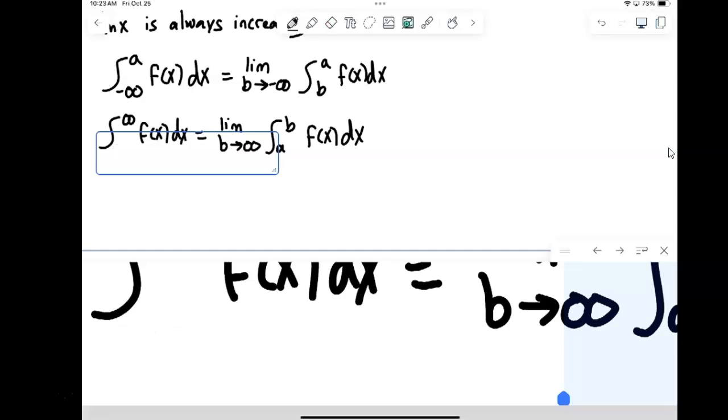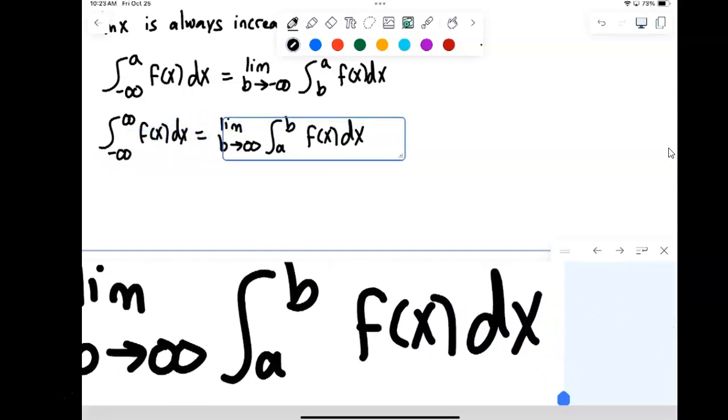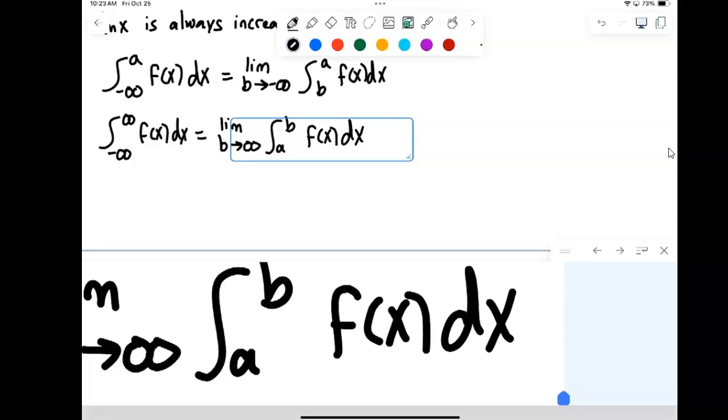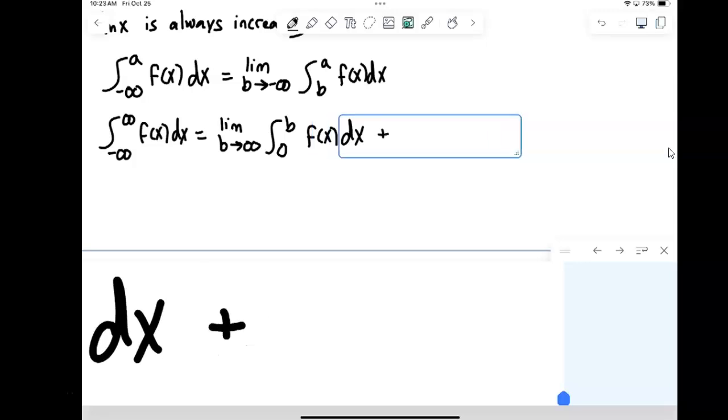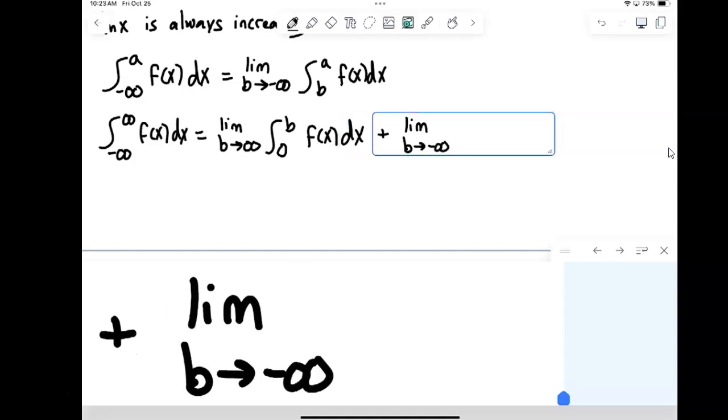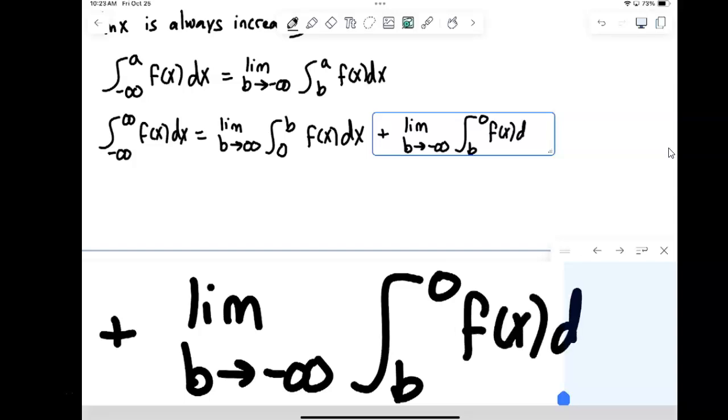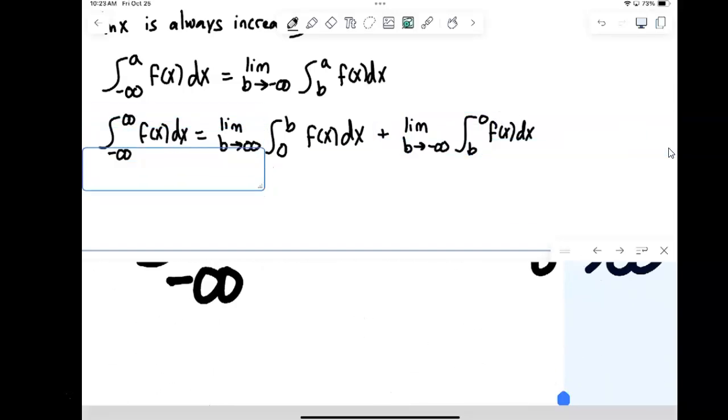This should be the interval from minus infinity to infinity, would be the limit as b goes to infinity of the integral from 0 to b, plus the limit as b goes to negative infinity of the integral from b to 0. That's if we were doing both negative infinity and infinity.